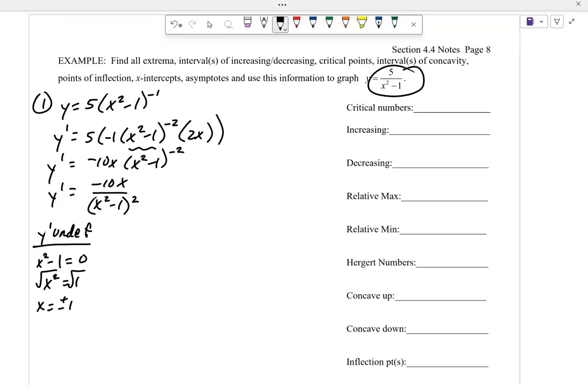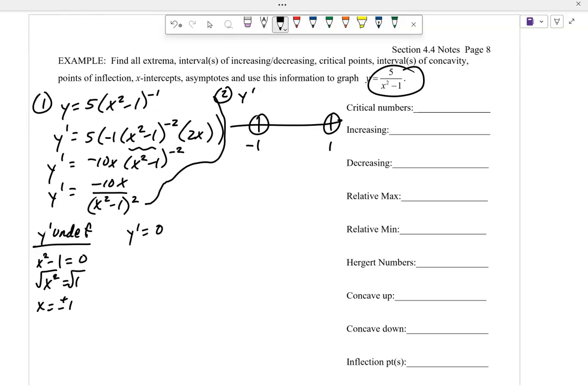Well, it's not. 1 and -1 make it undefined in the original, so technically, it's not a critical point. But when you run the first derivative test, you're still going to throw -1 and 1 on there, but just know that they're not defined in the original function. I still want to test around them, but they're not technically critical numbers.